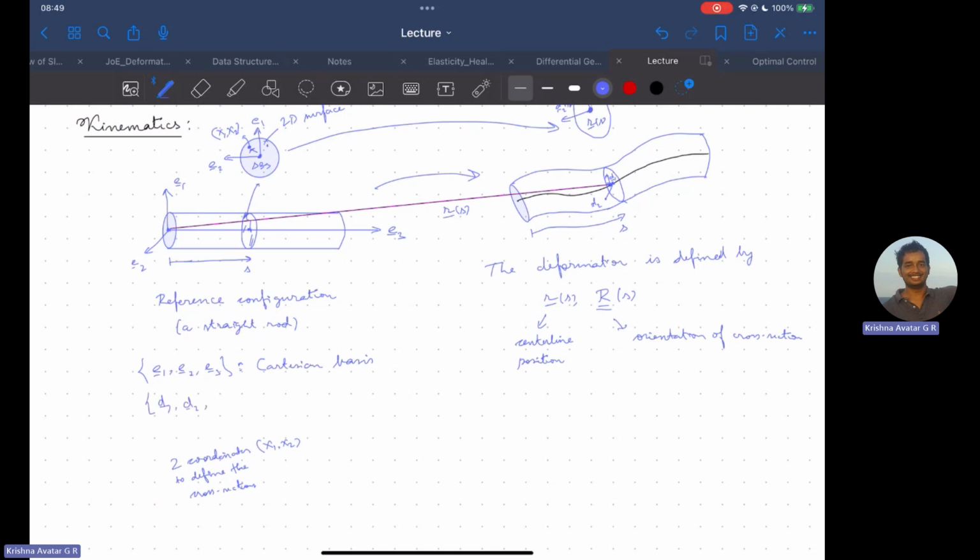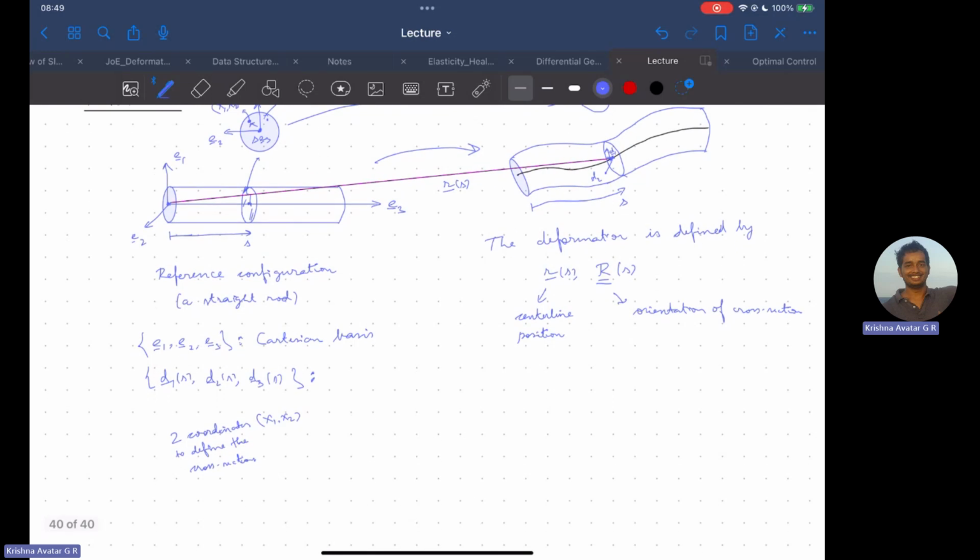And D1, D2, and D3 all depend on the arc length coordinate S. As we had discussed quite some time back, I think in the second lecture, this is called the director basis, or material frame. And in certain books it's also referred to as the convected frame because it varies from point to point along the arc length coordinate. So far, so good?